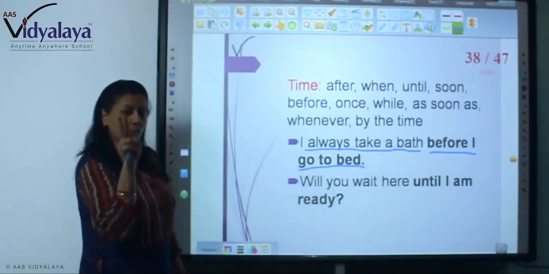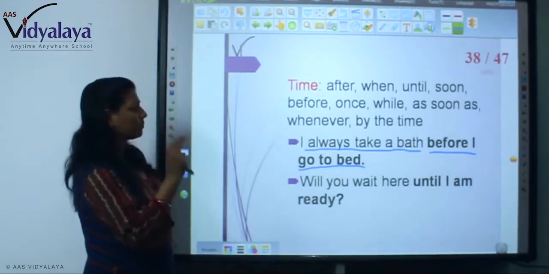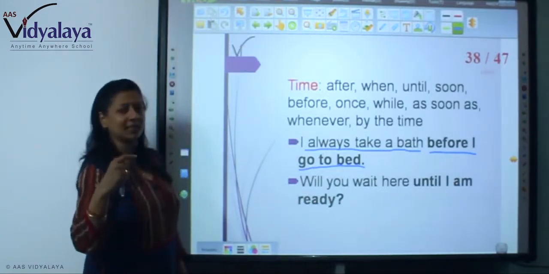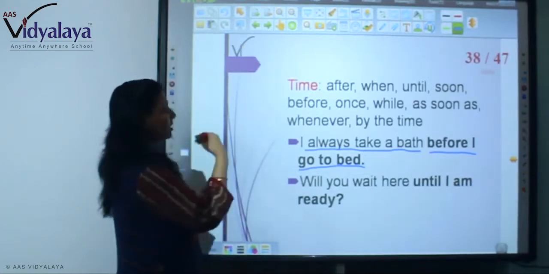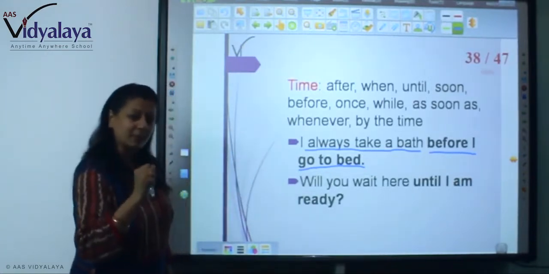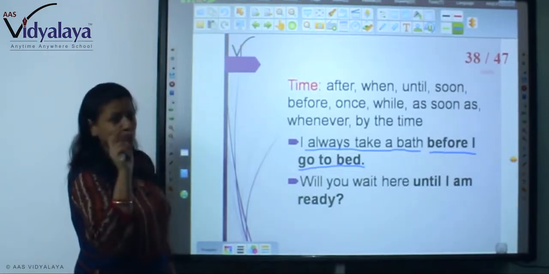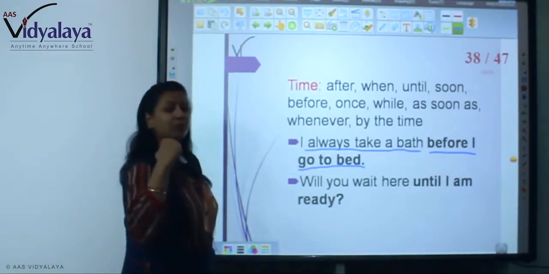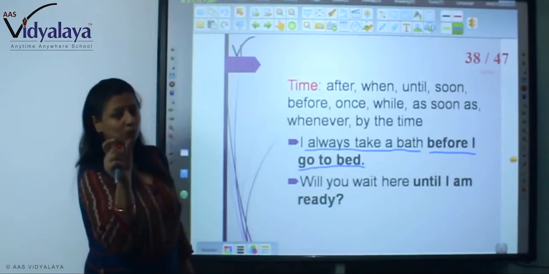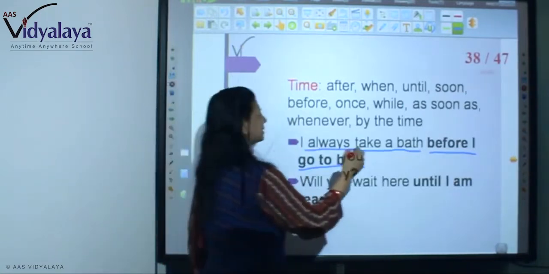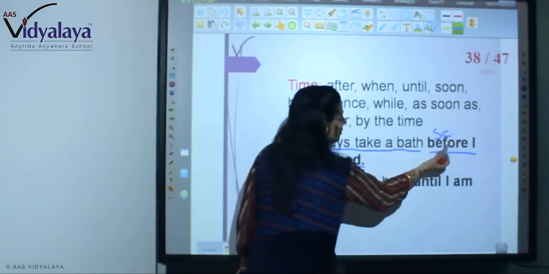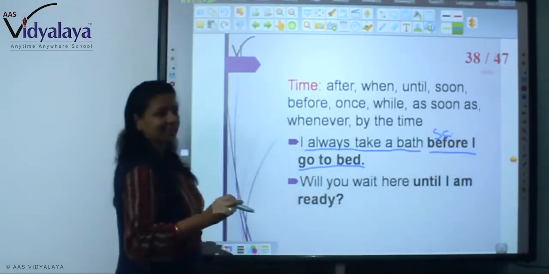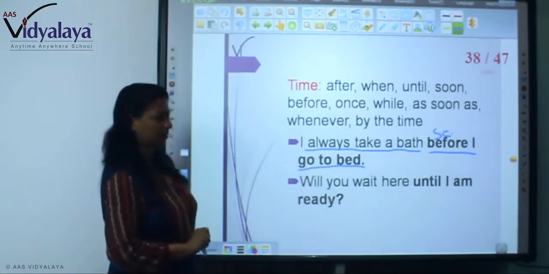So two clauses are joined by before. I go to bed is a separate one. I always take a bath is a separate one. And these two clauses are joined by before. So this is the subordinate conjunction. And with before, I go to bed has become an adverb clause.